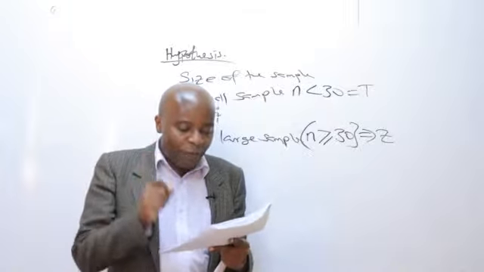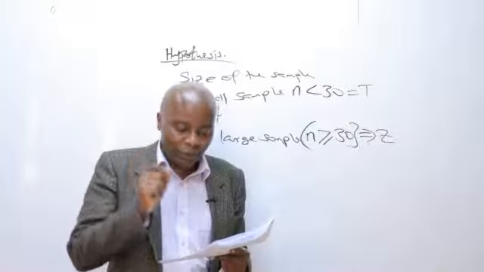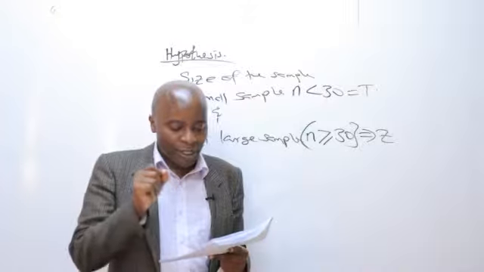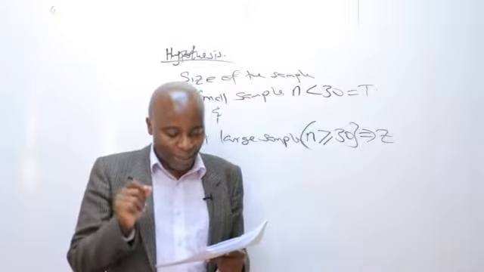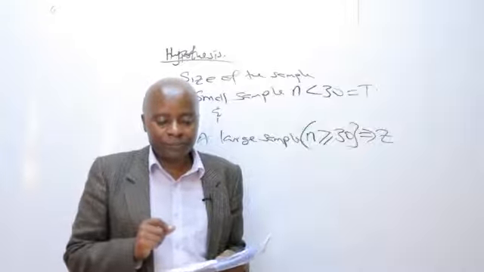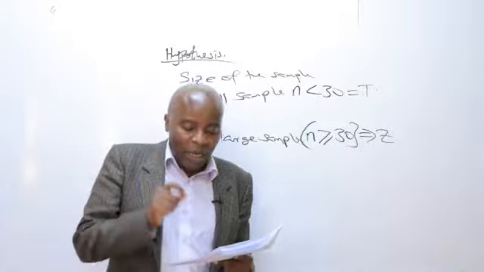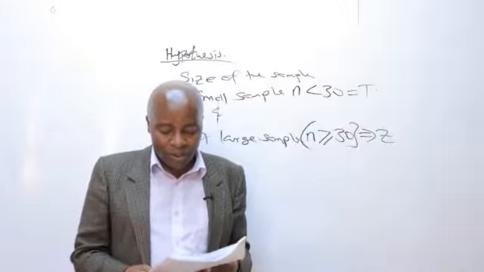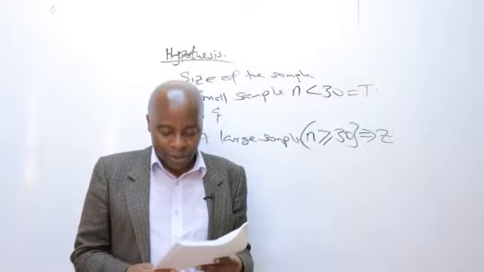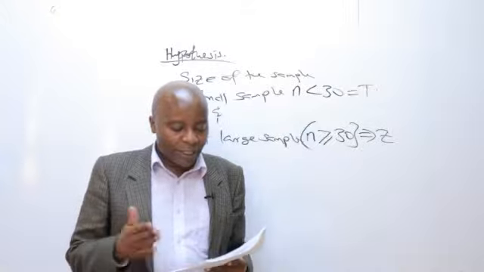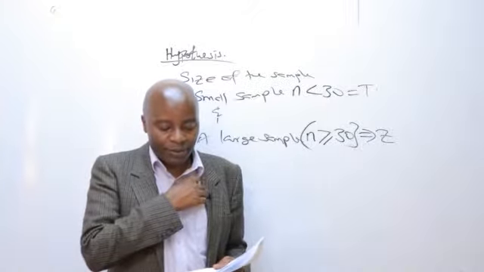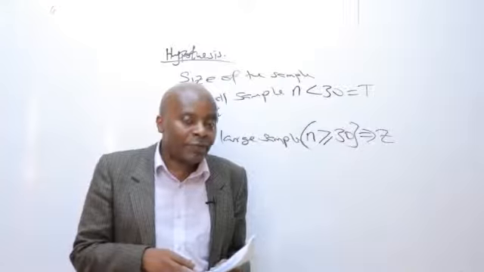With a 5% significance level, comma, is there sufficient evidence to conclude that the new system will not be effective?